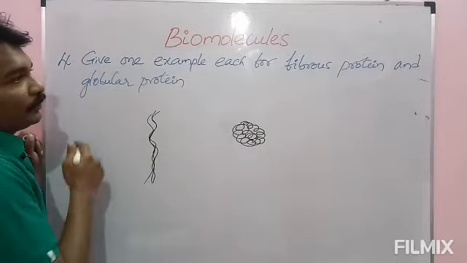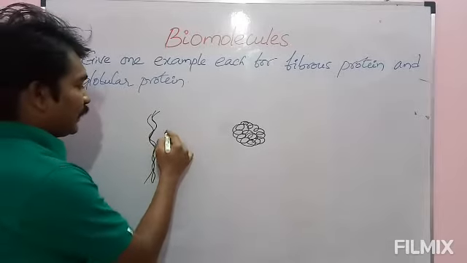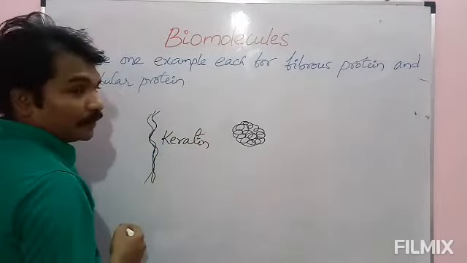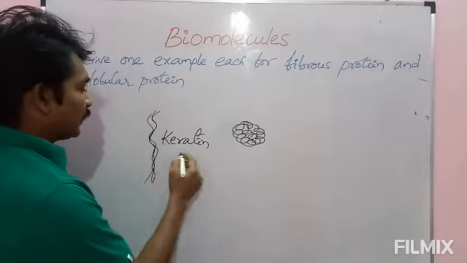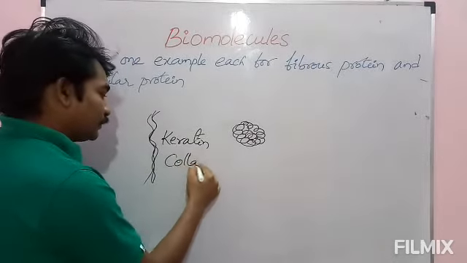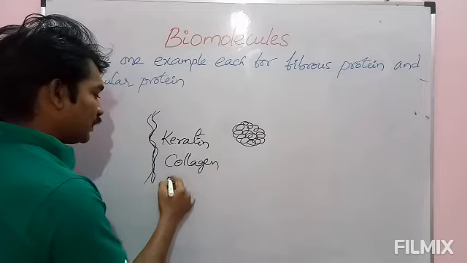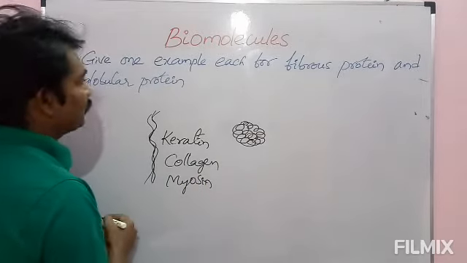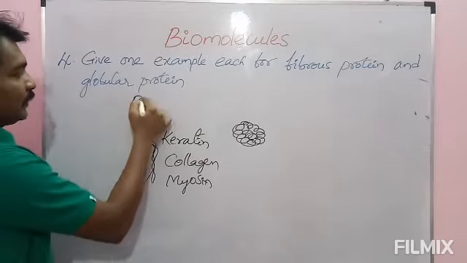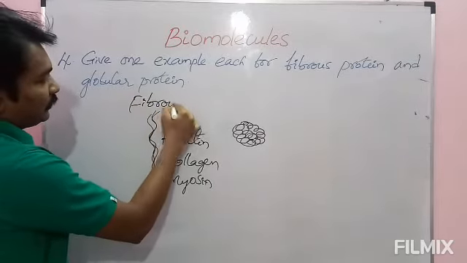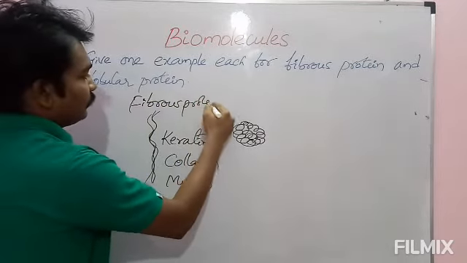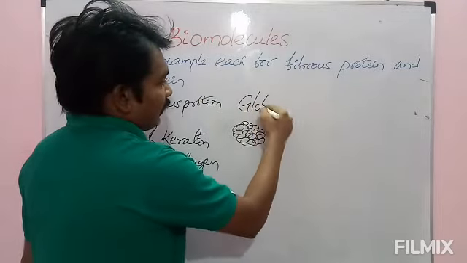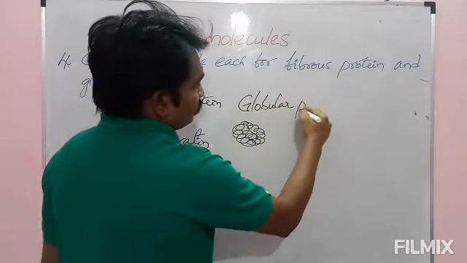Example for fibrous protein: keratin. Keratin is the best example, which is present in our hair. Keratin, collagen, myosin are the best examples for fibrous proteins. And in case of globular protein, they have globular structures.